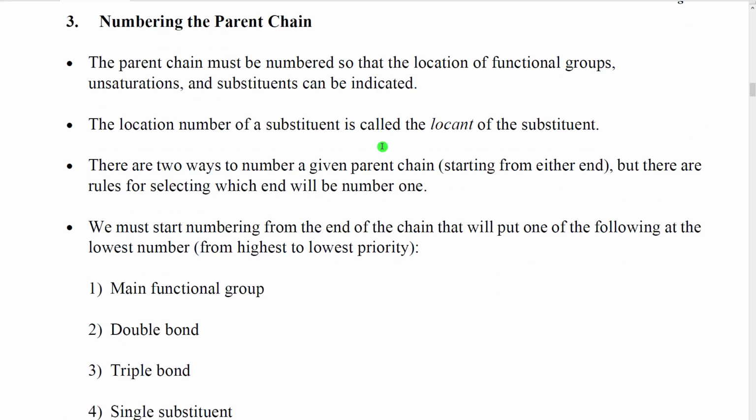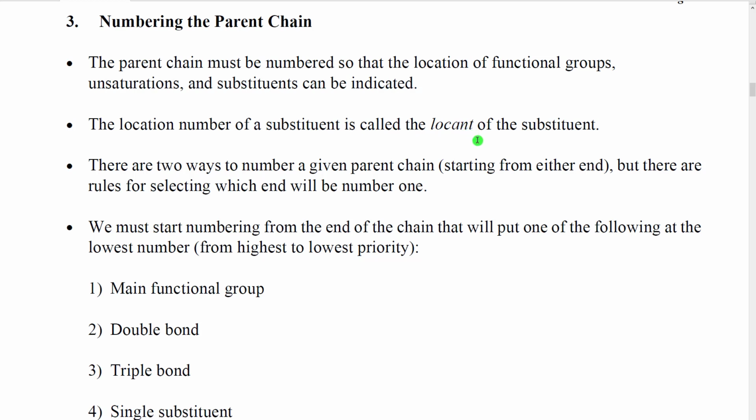Once we've identified the parent chain, we need to number that chain so that we can say where other groups are located on that chain. So the location of a substituent, a functional group, or an unsaturation is called the locant of that substituent.